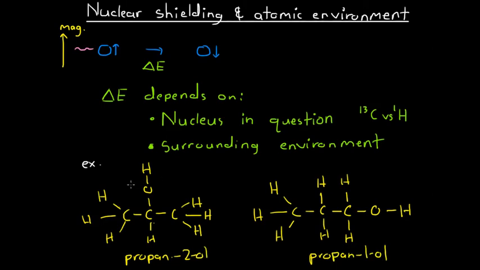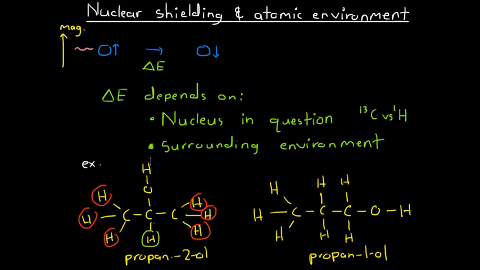Well, propan-2-ol, we can see that this is a symmetric molecule, and that means that these three hydrogens are all in the same atomic environment as these three hydrogens. Now, obviously, this hydrogen here is pretty unique. It's the only hydrogen that is bonded to the same carbon as the hydroxyl group, so we can say that it is in its own environment.